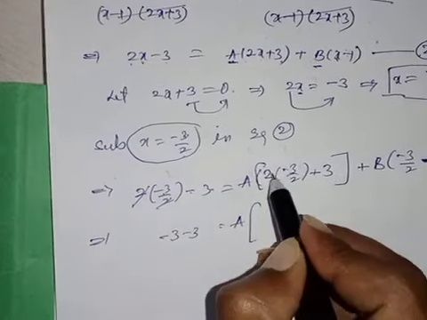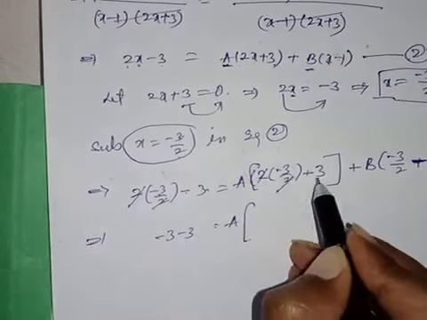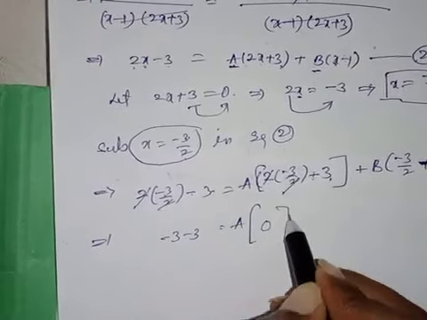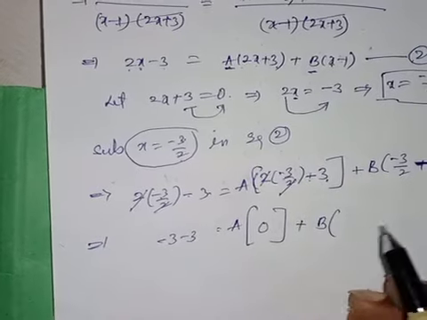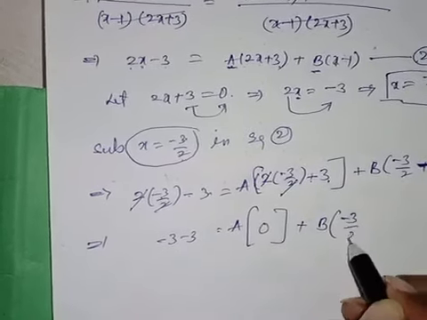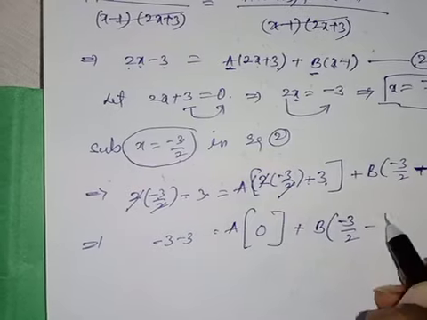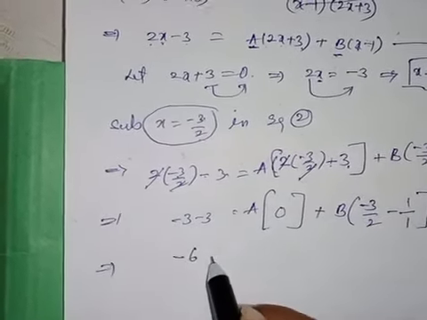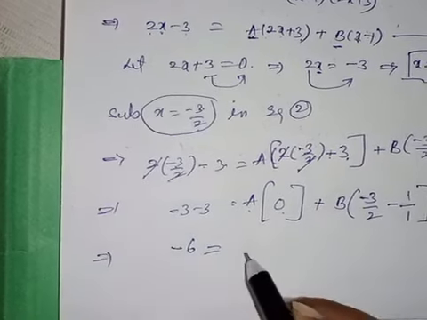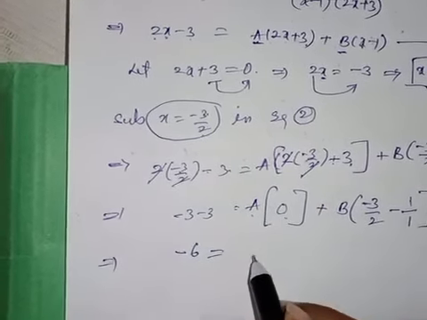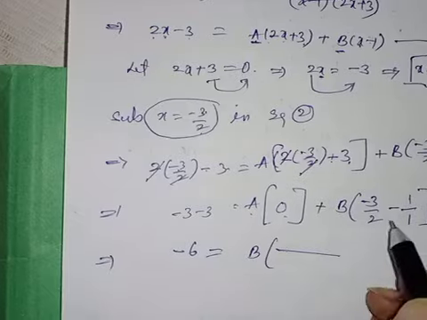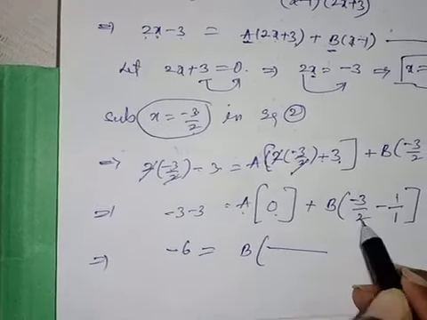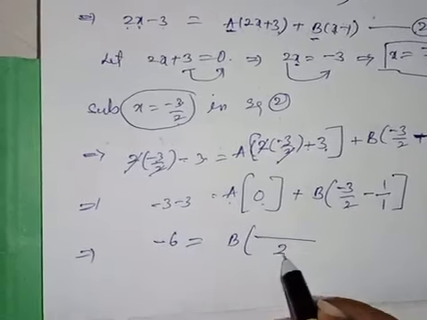A into, here the 2 cancels, −3 + 3, this is 0, plus B into (−3/2 − 1). We can write the denominator 1, so the left side is −6, which is equal to A into 0 is 0, need not write the 0 value. Then B into, here the LCM of first denominator 2 and second denominator 1 is 2.